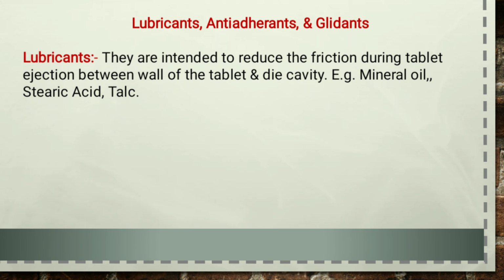Lubricants are intended to reduce the friction during tablet ejection between the walls of the tablet and the die cavity. Mineral oil, stearic acid, talc, etc. are the agents which can be used as lubricants.